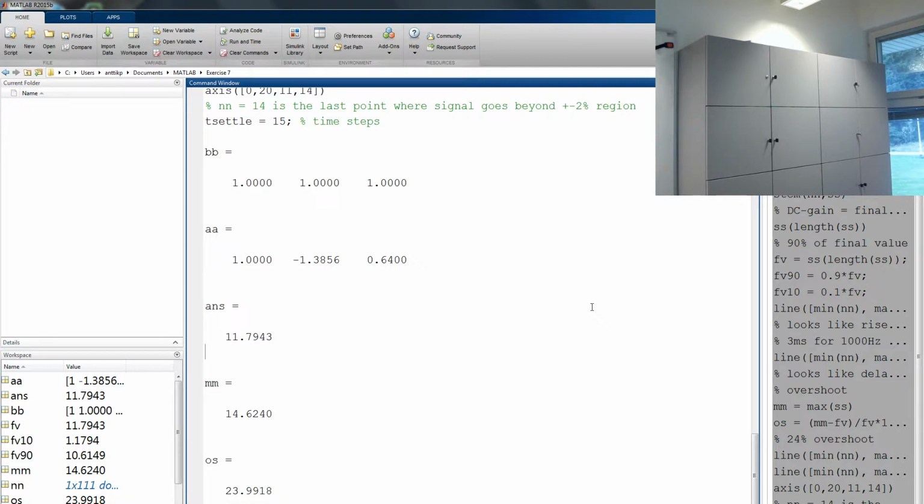If you have a pole at this point, as you may have in control systems, then you actually need to take the limit, meaning approaching the point from one of the sides. This is simply H with value 1.